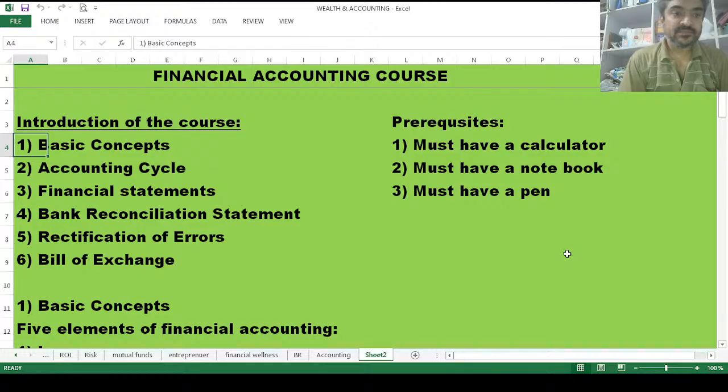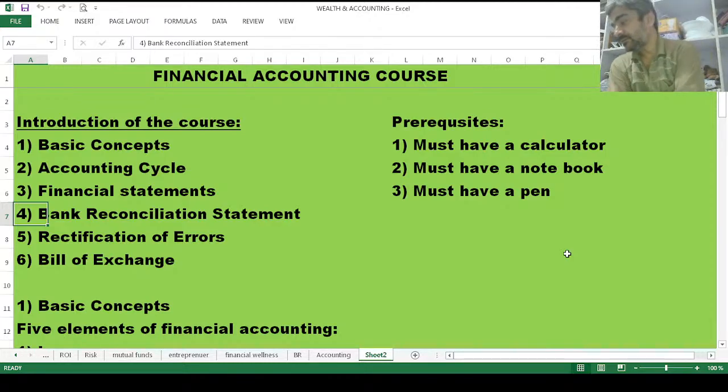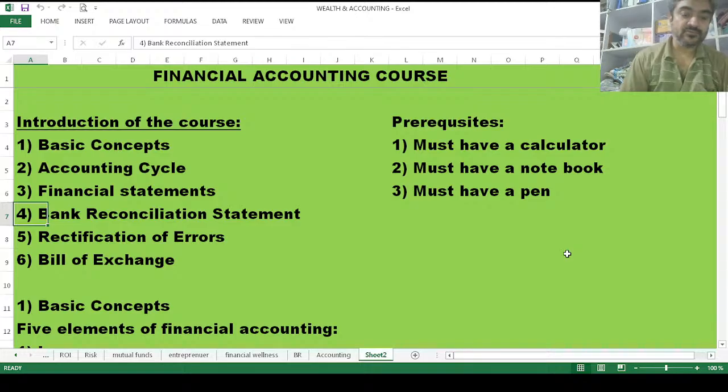We will be learning basic concepts, accounting cycle, financial statements, bank reconciliation statement, rectification of errors, and bill of exchange. Then I requested you to have these 3 items while attending the class: a calculator, a notebook, and a pen.